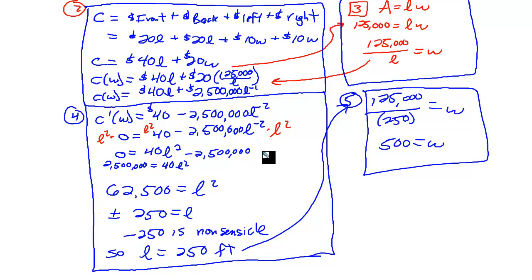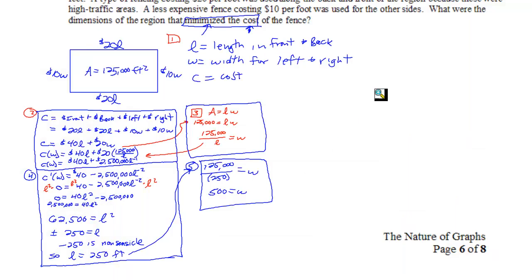Sentence answer. Let me make sure I got this problem down pat before I start giving it a sentence. What were the dimensions of the region that minimized the cost of the fence? Can't say length and width because the problem doesn't use length and width.